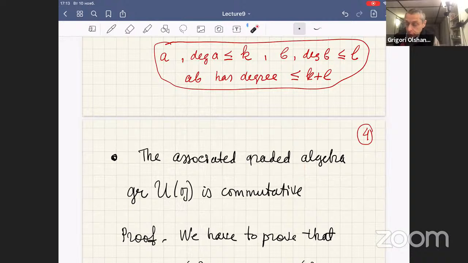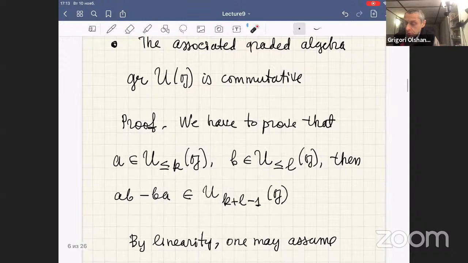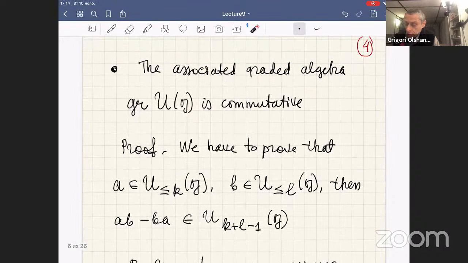This is a general definition which makes sense for an arbitrary filtered algebra, but how to define the associated graded algebra?